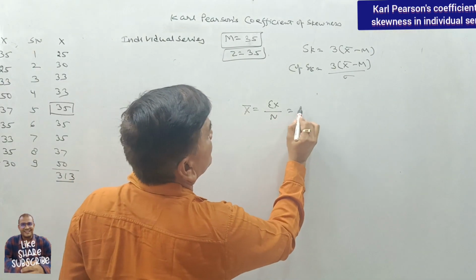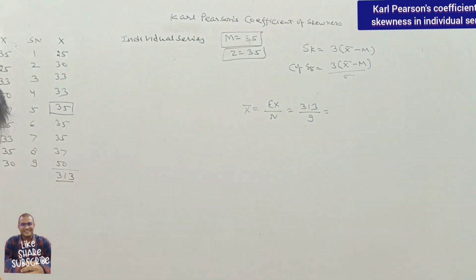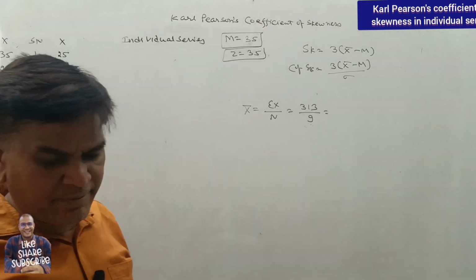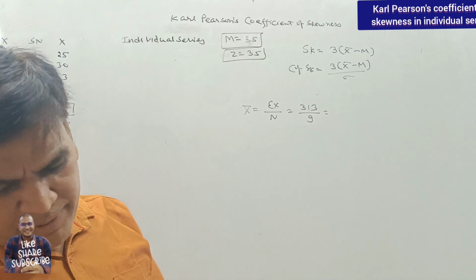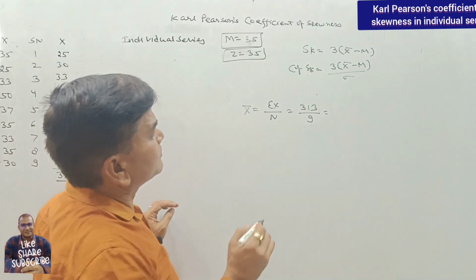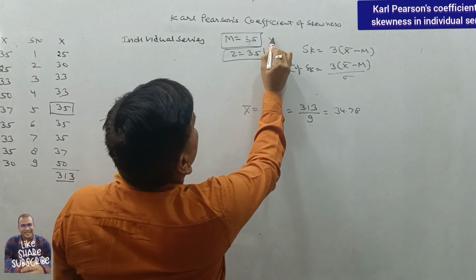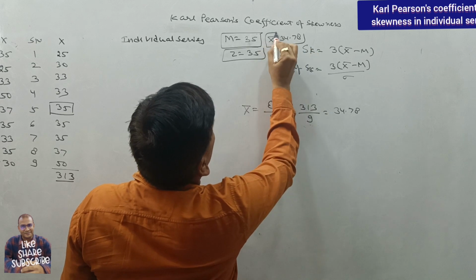So that is 313 divided by 9, that is 34.78. That is the value of x bar.